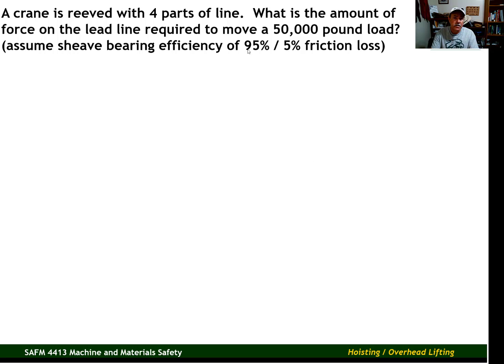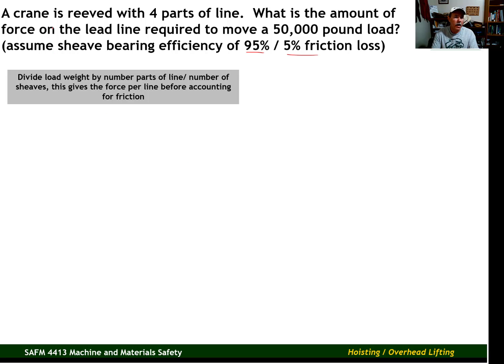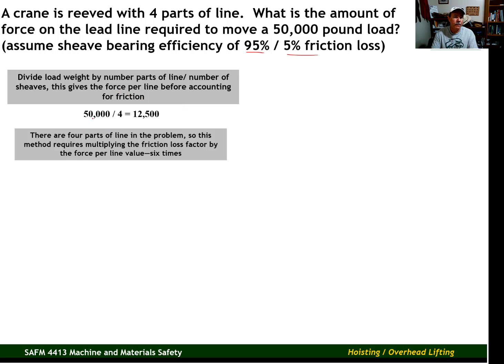Again, our efficiency's a little different than we had with the previous problem, but everything else is exactly the same method. We divide the load weight by the number of parts of line. This gives us the force per line before we account for friction. 50,000 divided by 4 parts line is 12,500.